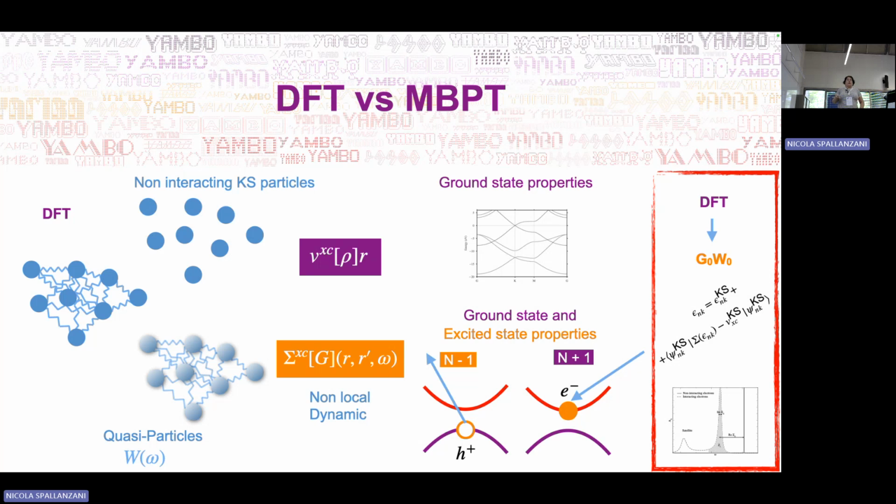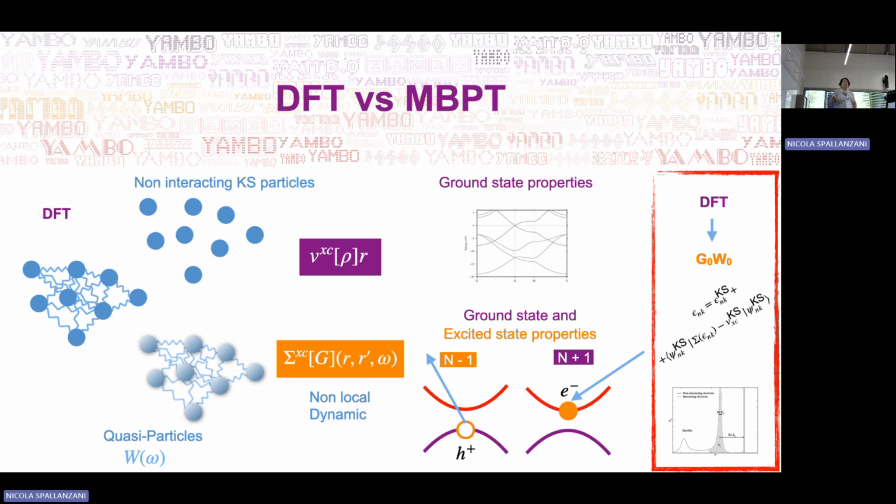If we do a GW calculation, what we do is this first remapping into a system of quasi-particles, and we consider the screened Coulomb interaction, this W here. And so now the complicated part is inside. All the scattering events are inside this self-energy here.